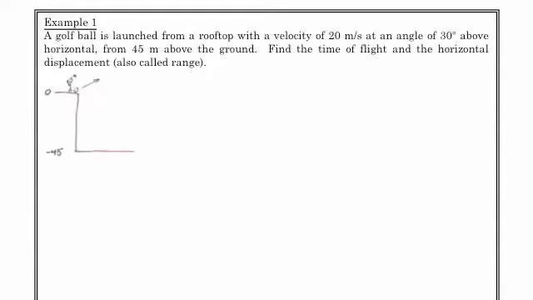And let's begin. So here's our little diagram of our golfer on top of a roof. We put 0 where the motion begins, so that's at the rooftop. The ground then would be at negative 45. And we know that V1 is 20 meters per second at 30 degrees, so we can draw our little diagram. And we can have V1x and V1y.